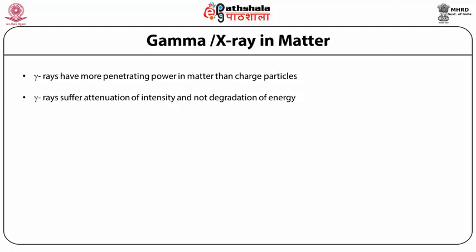It means gamma rays do not suffer the loss of energy in the medium. They are either completely absorbed or deflected, but they do not suffer the degradation of energy as we can see in case of charged particles. Charged particles, when they enter matter, continuously lose energy while interacting with the matter, but this is not the situation with gamma ray photons.